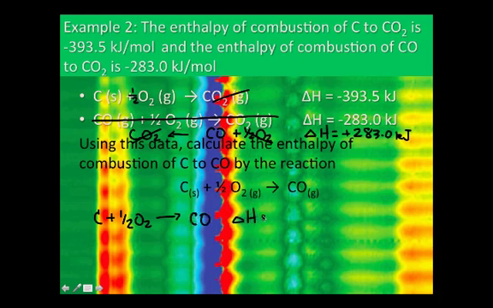Now let's do the same for delta H. I added my reactions, so now let's add the delta H, but keep in mind we have to add the ones that we kept. So negative 393.5 plus positive 283.0. Watch your signs when you're doing this.